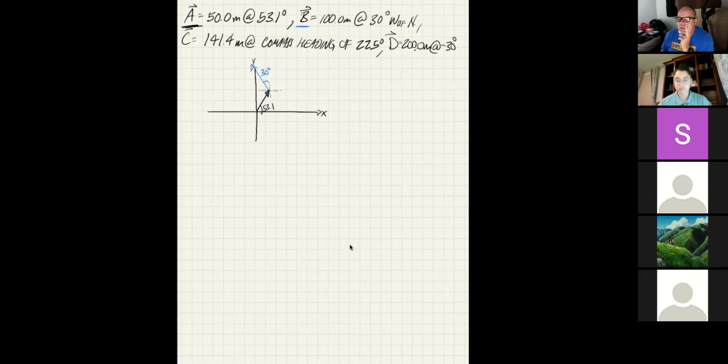I just did A, B, C, D because that's the order that I drew them in. But it turns out that A plus B is equal to B plus A, and A plus B plus C is equal to A plus B plus C.